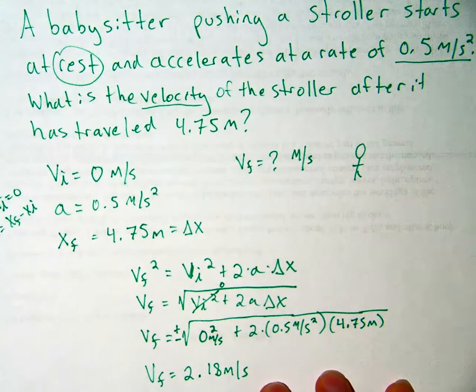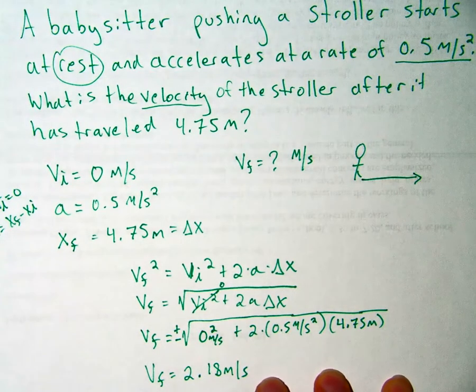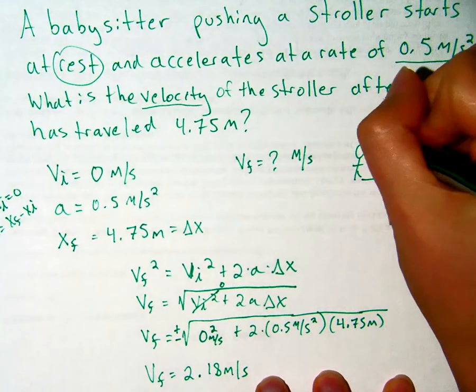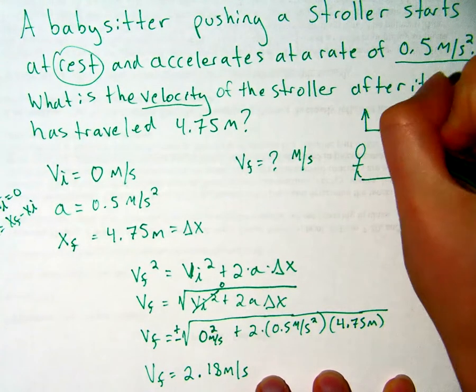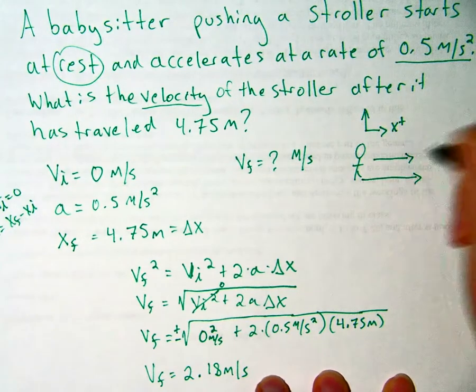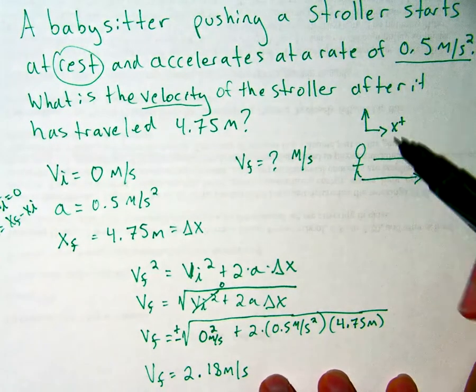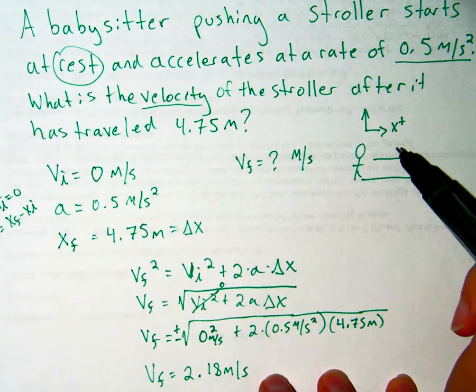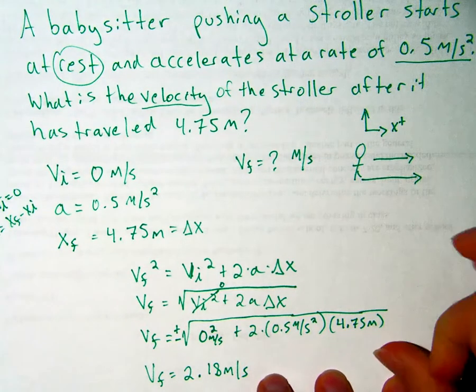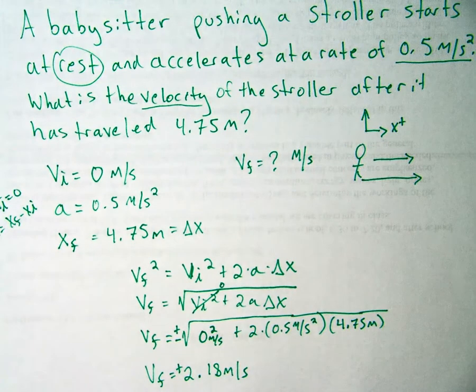So if we draw our babysitter, and she's going to push the stroller this way, it helps to define what our positive direction is. So if you think of a coordinate plane where this is x positive, she's moving in the positive direction. Now, of course, you could have defined positive any other way, but letting me know that this is your positive direction and moving this way, we can confidently say that this will be positive 2.18 meters per second.